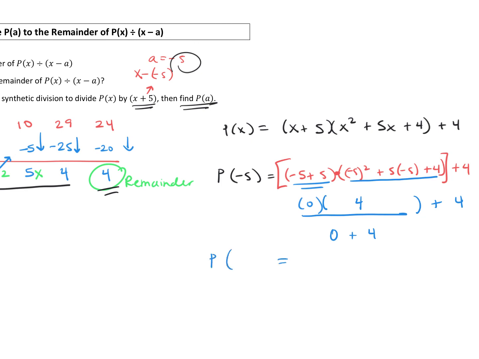And if we evaluate our P of negative 5, we have that 4 right there. So what we want to notice is that when you do your synthetic division, and then if you evaluate your answer for that a value, if you plug that a value in, you're going to just be left with your remainder every single time. It's going to equal your remainder. That's the thing we wanted to notice on this one.